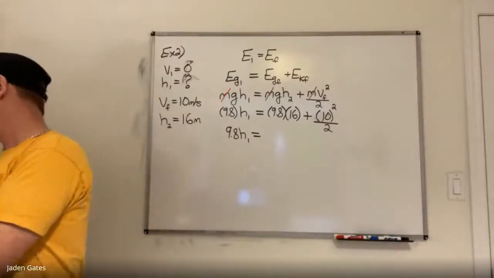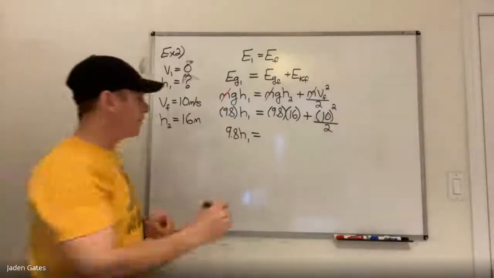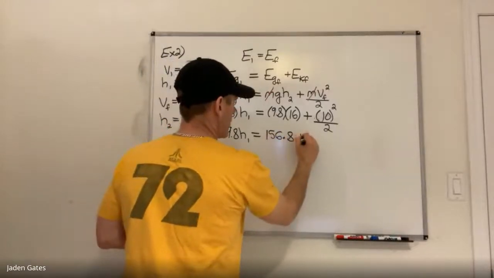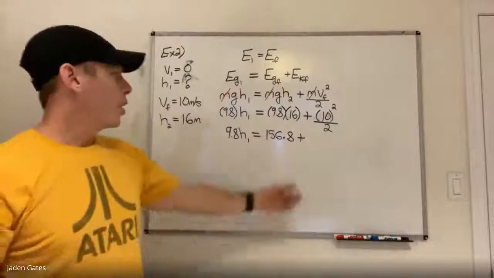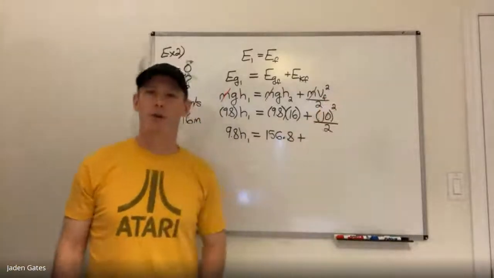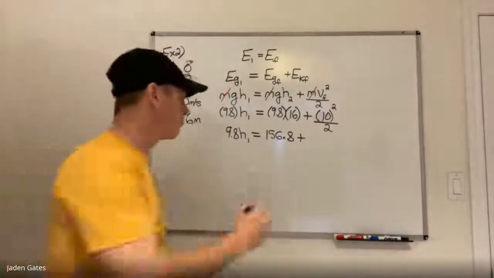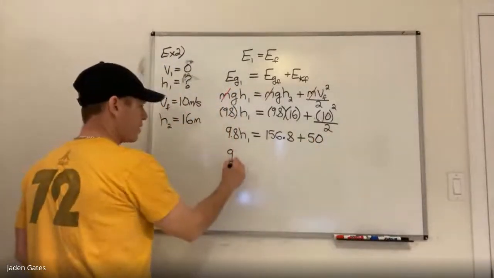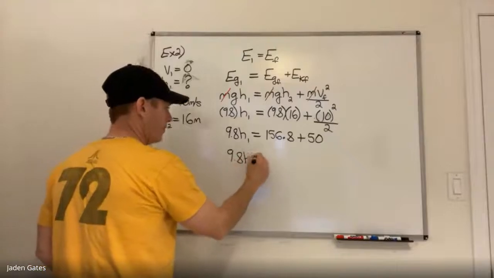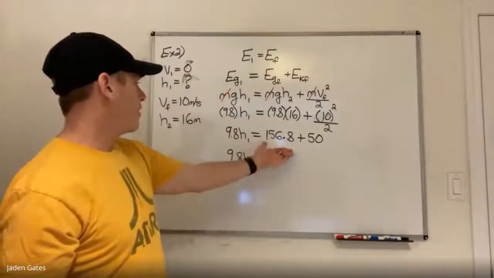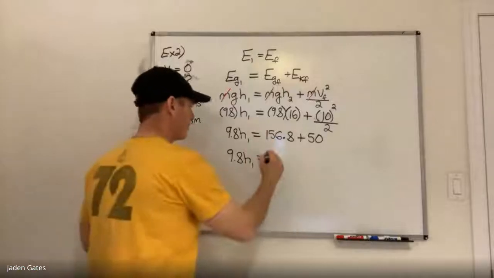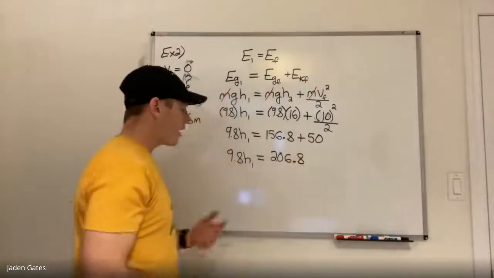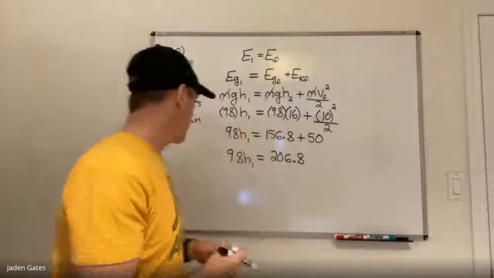Let me see here, I get 156.8, plus 10 squared divided by 2. 10 times 10 is 100, divided by 2, we get 50. So moving on, I get 9.8 times H1 equals 156.8 plus 50, and that's going to be 206.8.